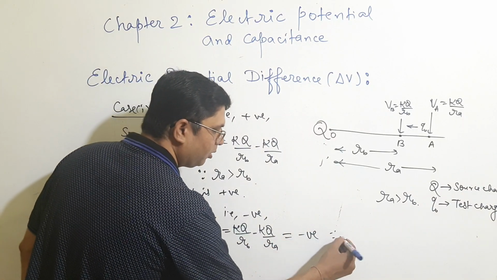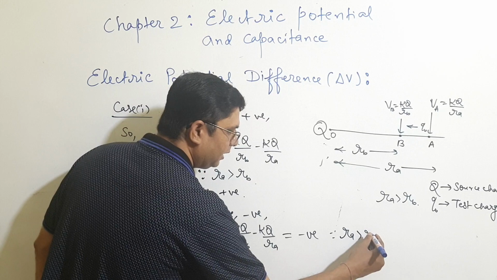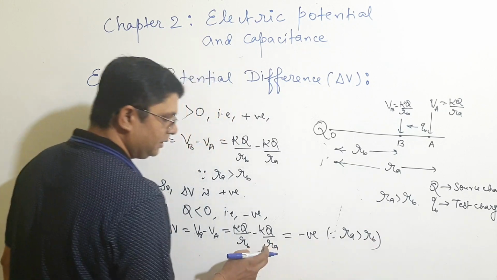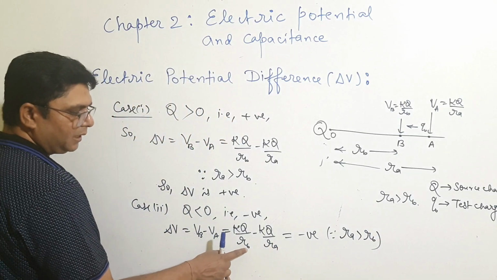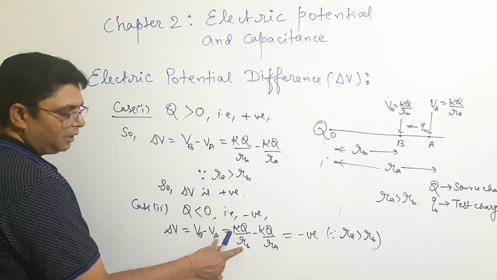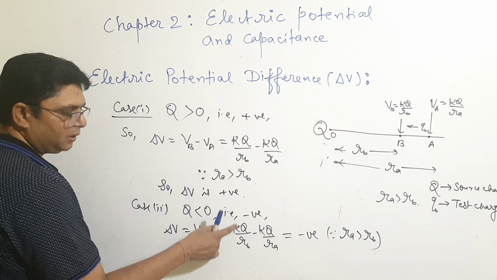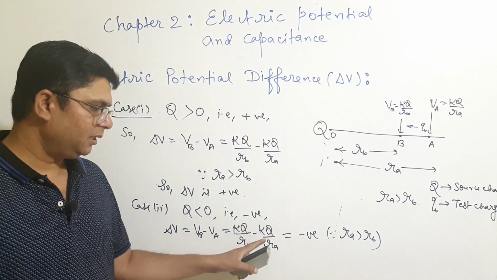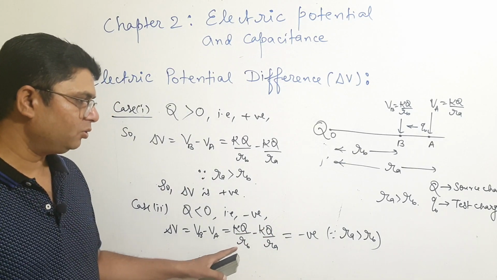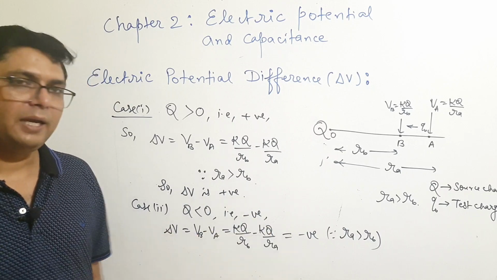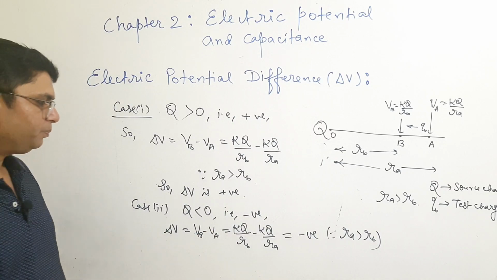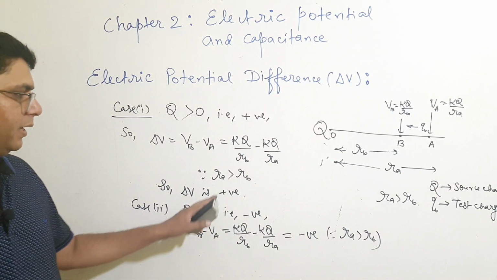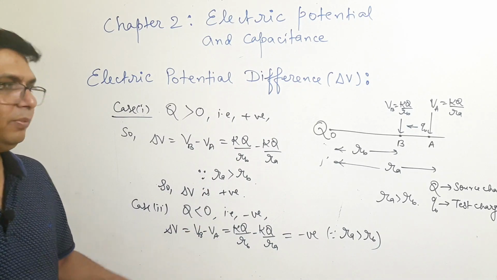This is negative because again RA is greater than RB. So when we solve it, you get a negative answer. So here you are getting a positive value, here you are getting a negative value.